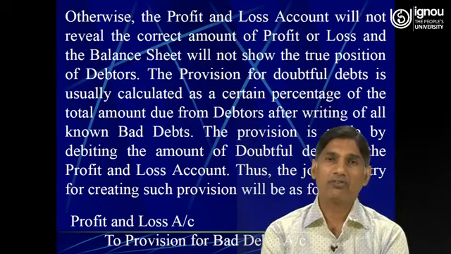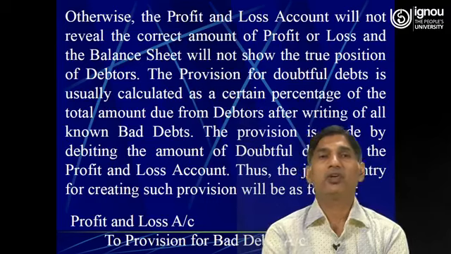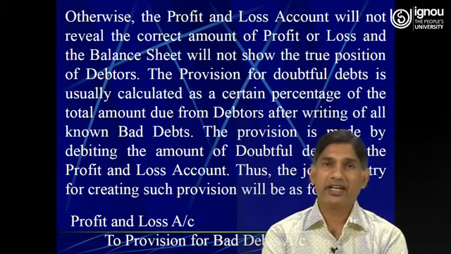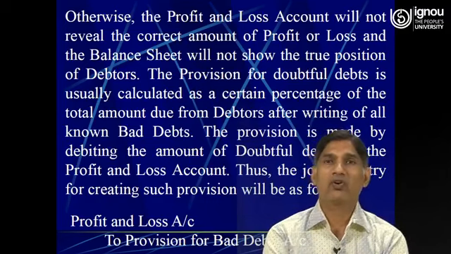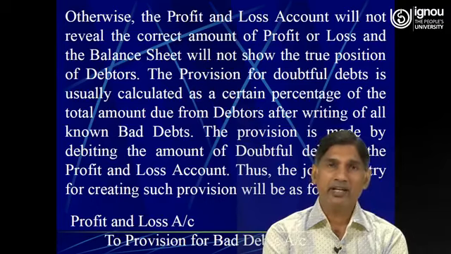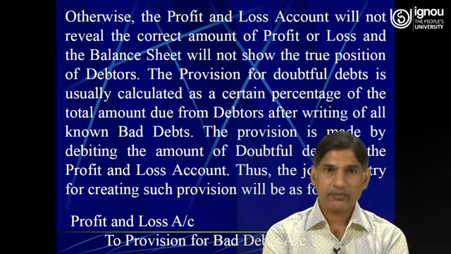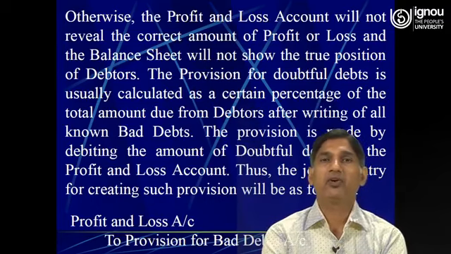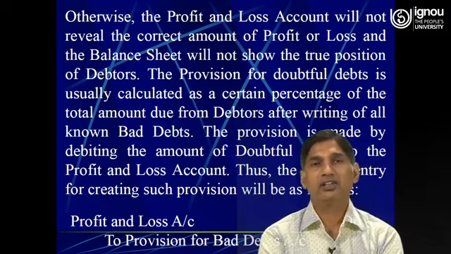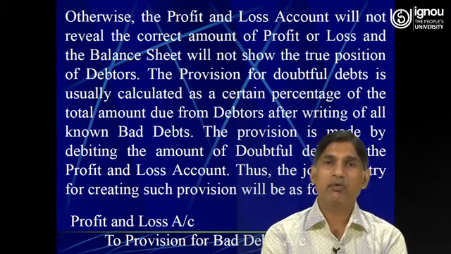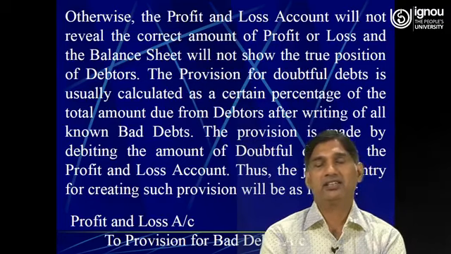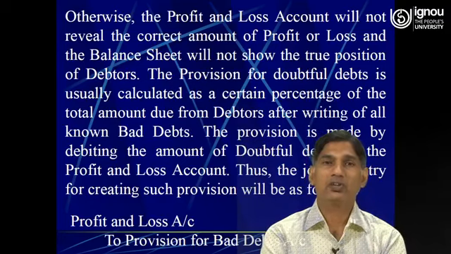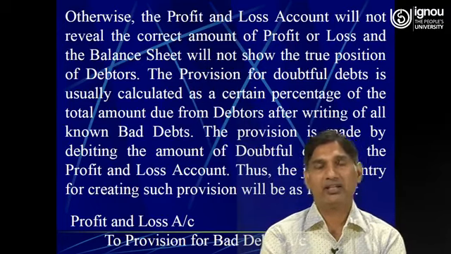Otherwise, the profit and loss account will not reveal the correct amount of profit or loss, and the balance sheet will not show the true position of the debtors. The provision for doubtful debt is usually calculated as a certain percentage of the total amount due from the debtors after writing off all bad debts.